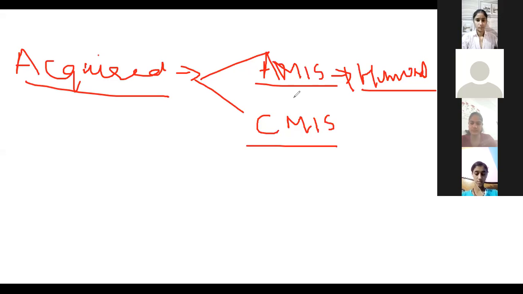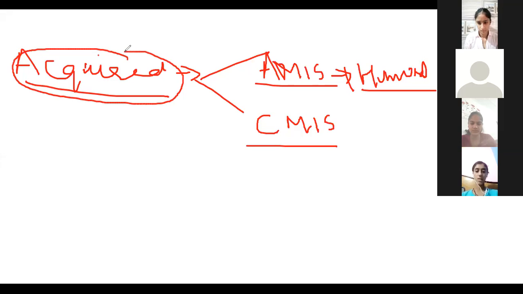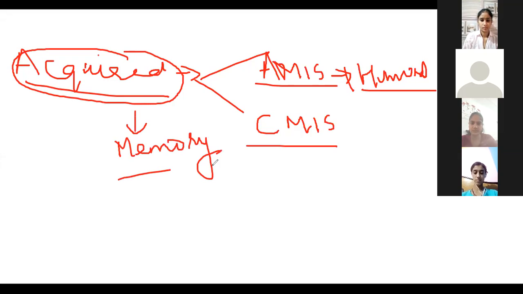This point you need to keep in your mind, and you should have complete clarity on it. So acquired immunity always has a specific characteristic, and that is termed memory. Why so? Its main characteristic is memory.